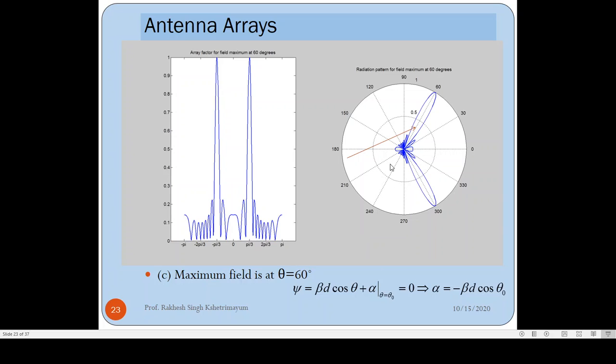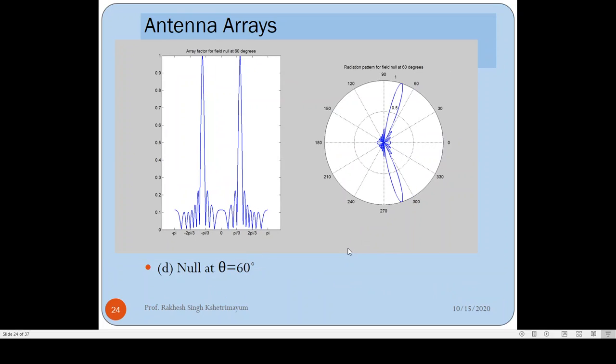So you can even have a null at 60 degree. In that case, the condition for alpha should be designed according to this formula here: 2n pi by capital N minus beta d cos of theta null. Theta null is 60 degree. You plug it in, you take alpha from this value, you can take any value of n, 1, 2, 3, 4, 5 and so on. In that case, what you are observing is that we don't have any radiation along the 60 degree direction or minus 60 degree direction.